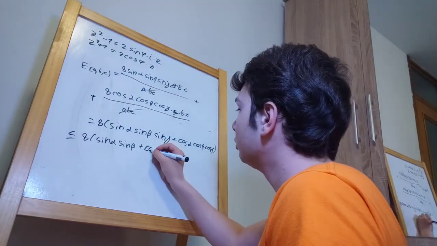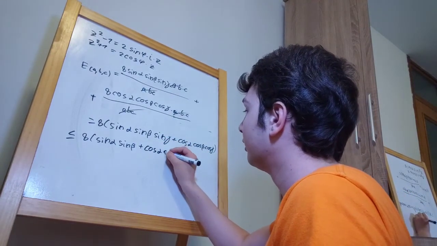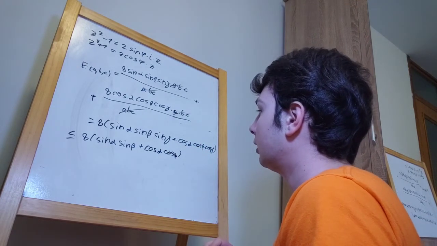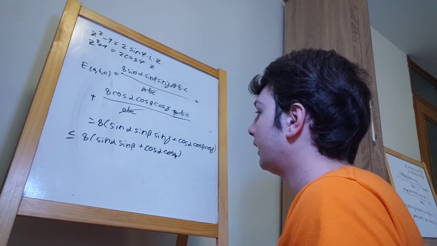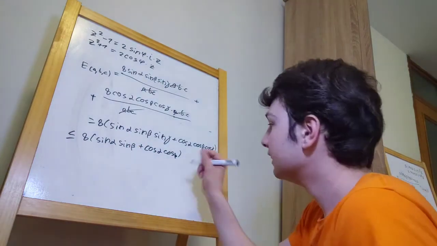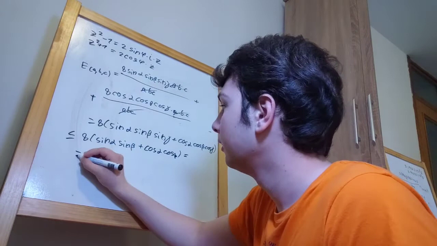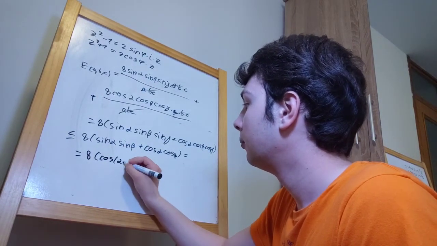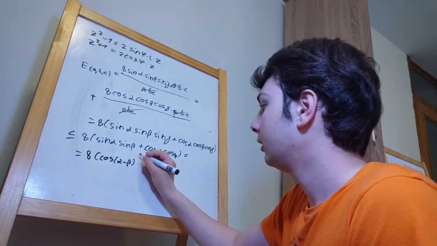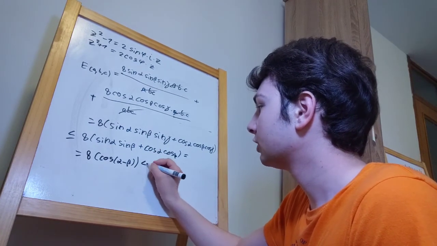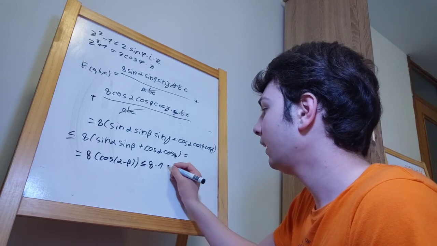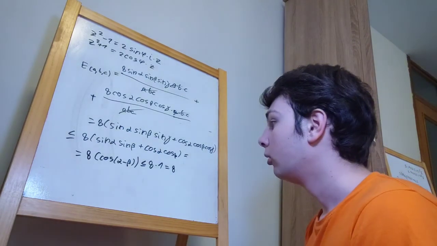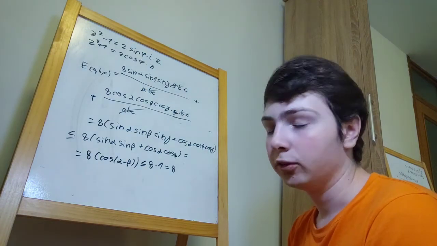And then cosine of alpha, cosine of beta, and this is, you guessed it, 8 times cosine of alpha minus beta. And that, folks, is greater than 8 times 1, which is equal to 8. So that concludes our proof.